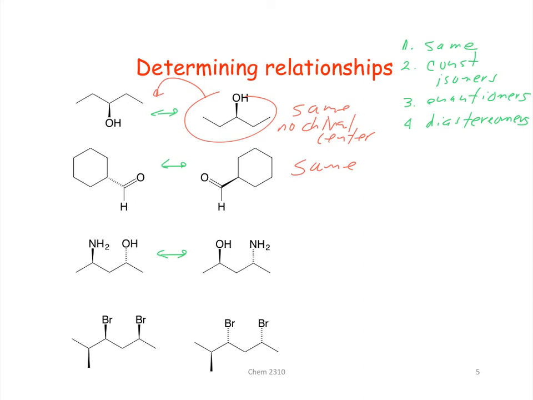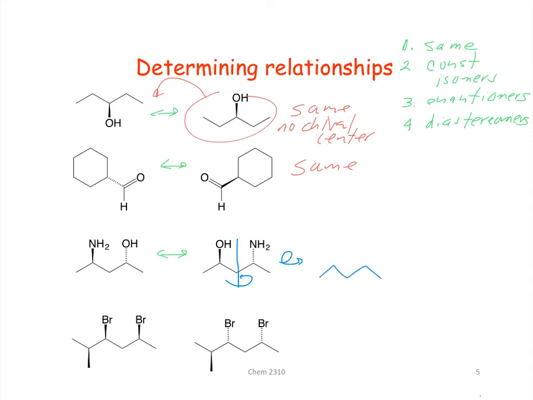All right, let's see if we can overlap them. So notice that the amine is on the opposite side, right? So if we took this molecule and flipped it over this way, we could redraw it. Right, we flip that over.